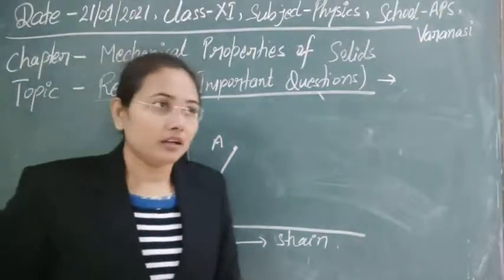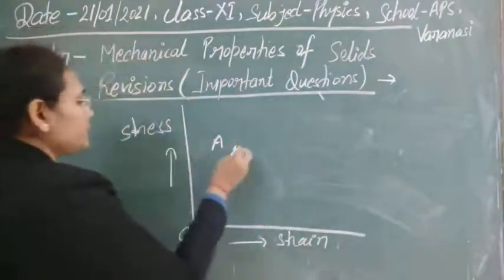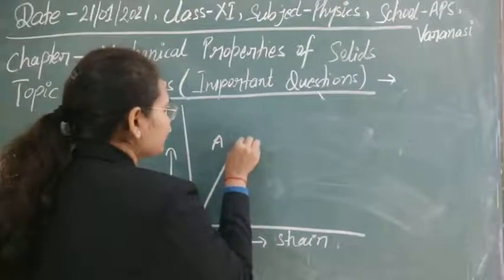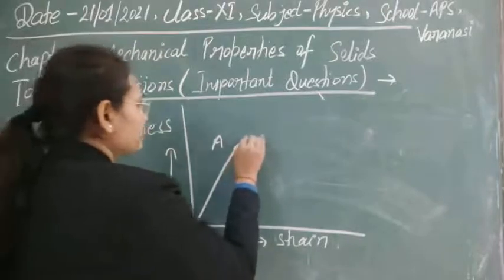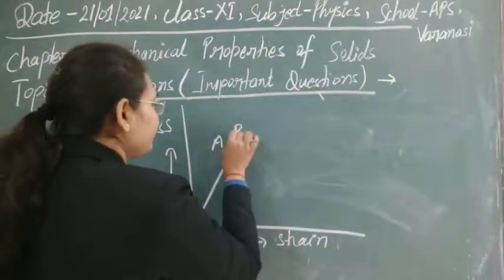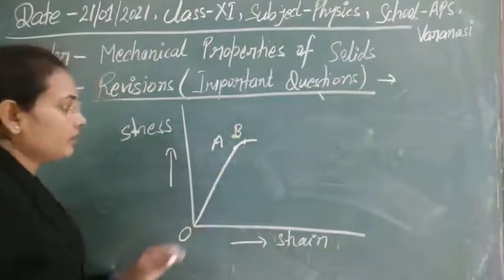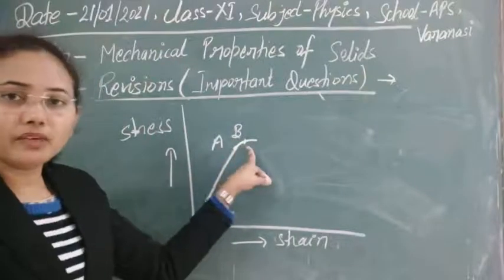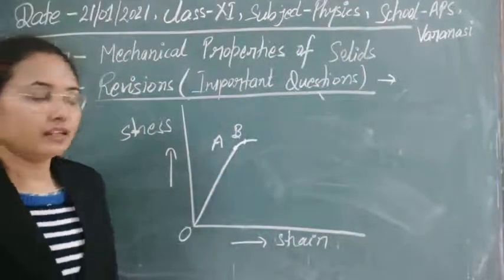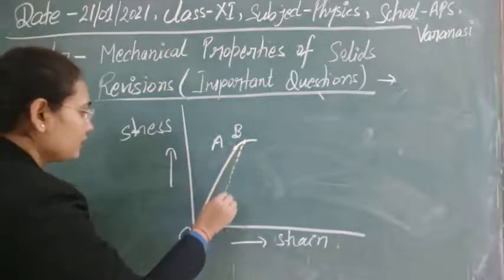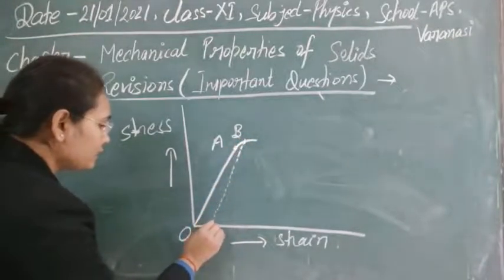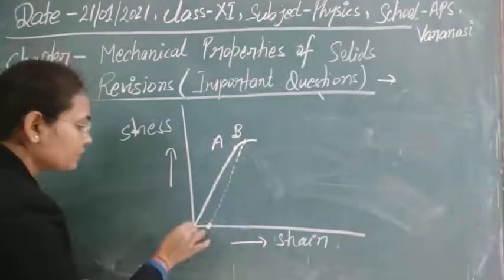Now again we start to increase the stress, and suppose this is the point B. If at this point B we remove the stress, then we see that the wire follows a curve like this instead of the curve OA.